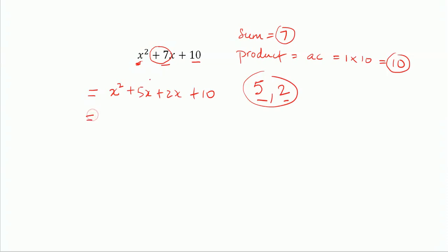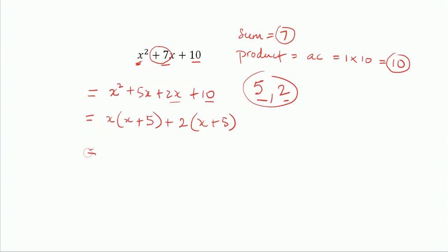Next step, we need to factorize by grouping. If we look at the first two terms, we can write x times x plus 5, plus 2 times x plus 5.